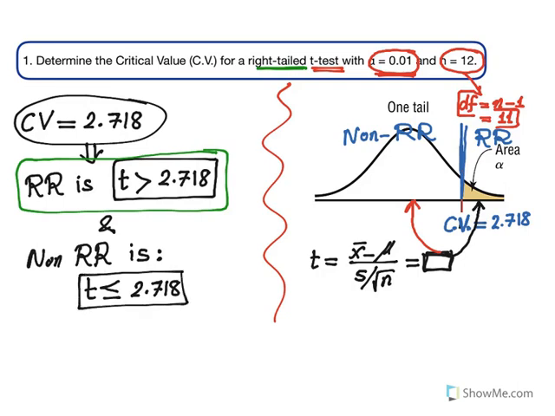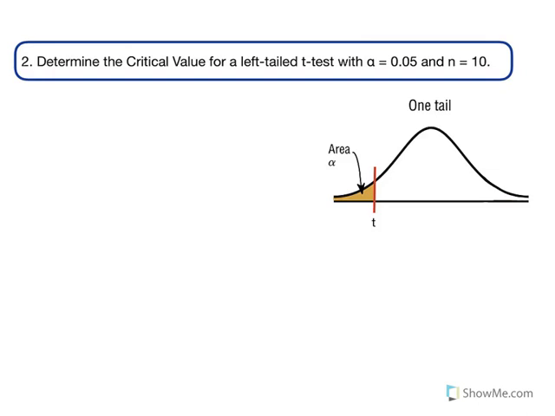Because we did all of this explanation in the previous part with the z-test, I am doing this a little bit quicker. So let's go to the next question. Just notice that in this case you have a left-tail test. The same thing, you only have to find the critical value here.